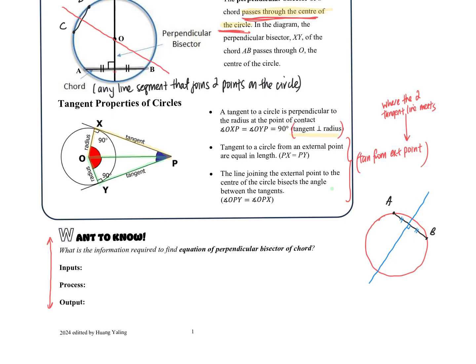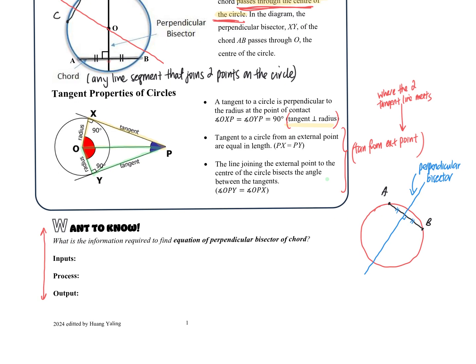Okay, so this perpendicular bisector, if I want to find the equation of this blue line, what do you think I will need? For the equation of a line you always need two things. What is it?